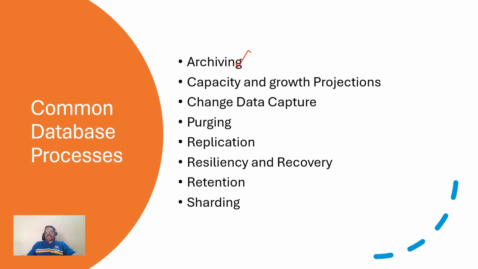We are not destroying it, but we are moving the non-performing data to a cold storage location. And coming to capacity and growth projections, this involves forecasting future data storage and processing needs based on current trends and business growth.